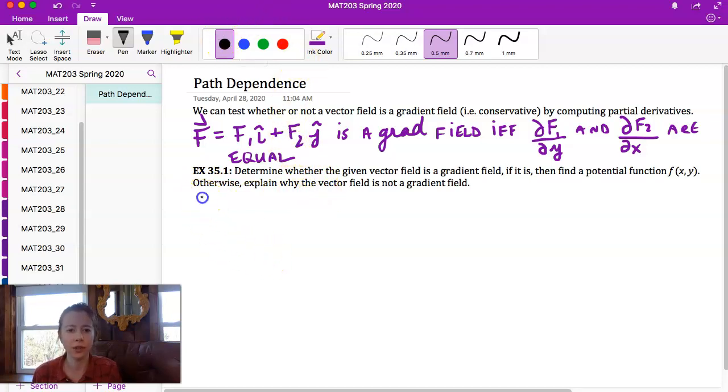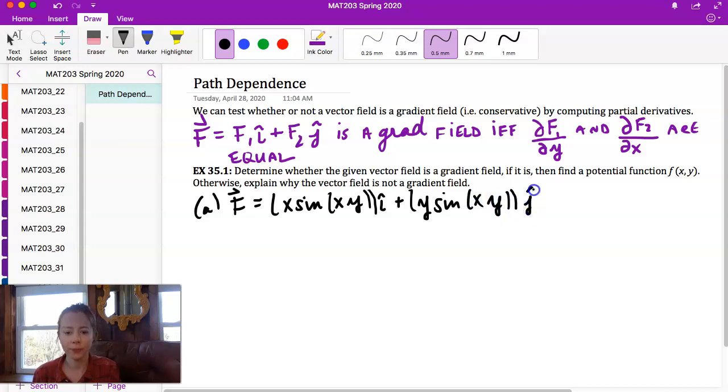So our first one is the vector field F equals x sine xy i hat plus y sine xy j hat.